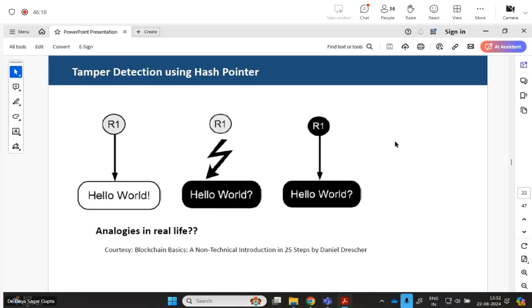Now, how are we going to detect the tampering using the hash pointer?